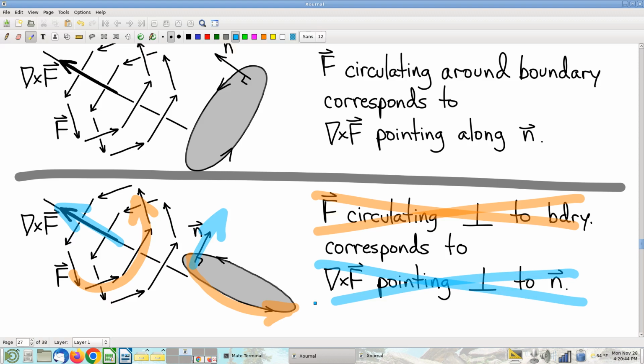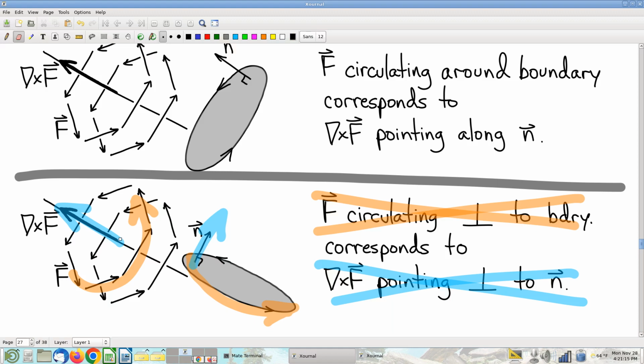So in both cases, this dot product, curl dot n, corresponds to how much of the circulation is actually happening around the boundary itself. And the more that our surface turns around like this, the more the circulation actually picks it up, well, then the more that this dot product is going to go positive, get larger as well.